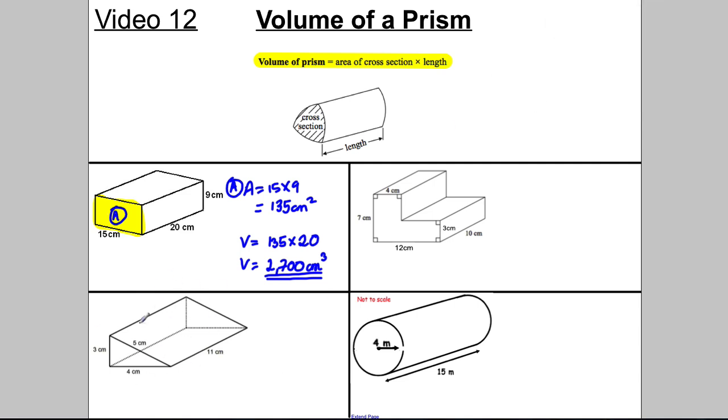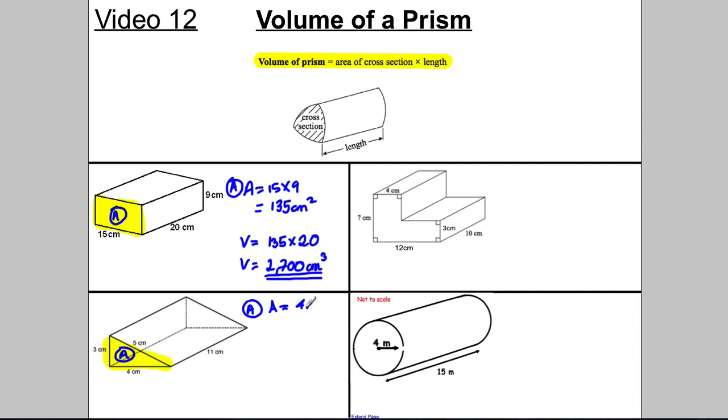Okay, let's do the same for the triangular prism down here. Now this triangular prism is basically half of a cuboidal prism. Let's work out the area of the face, that triangle. We might call it A and work out its area. You should know the area of a triangle where you know the perpendicular height: it's base multiplied by perpendicular height divided by 2.